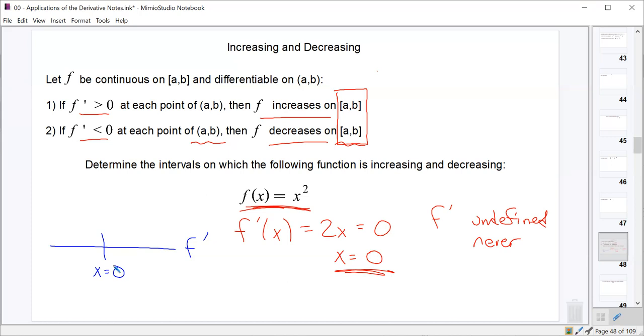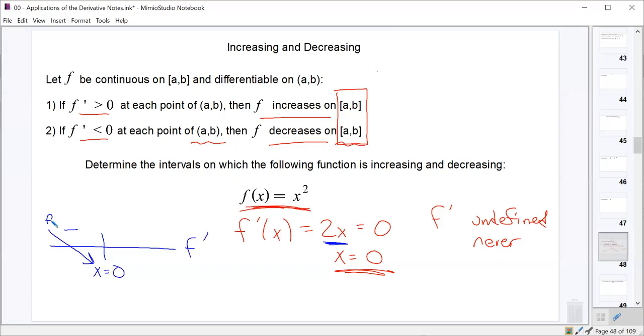It's not that some values to the left will make it positive and some will make it negative; they will all, in this case, make it negative, because if I plug a negative number into 2x, my derivative, I get a negative value. So my derivative is negative, which means that the function f must be decreasing.